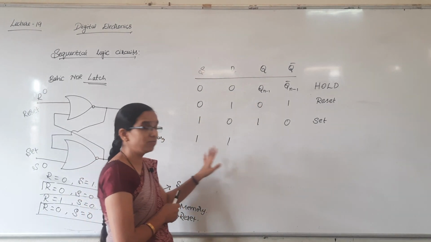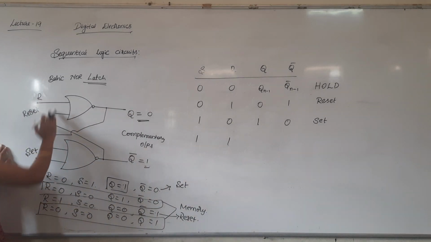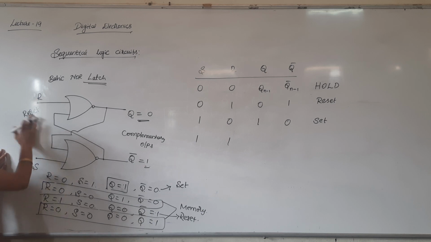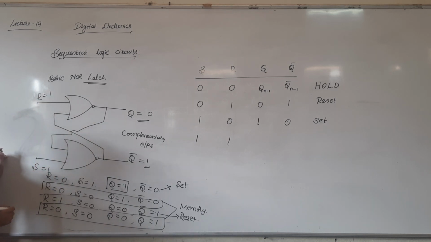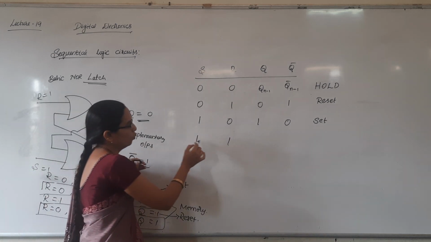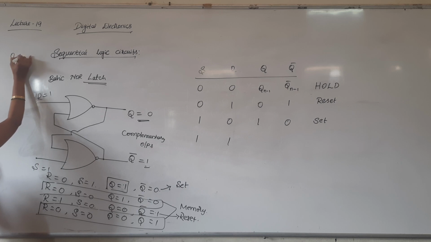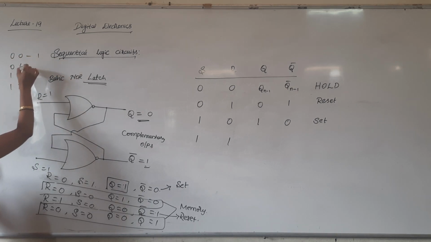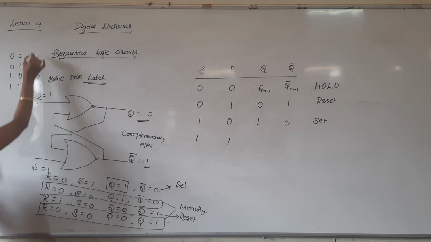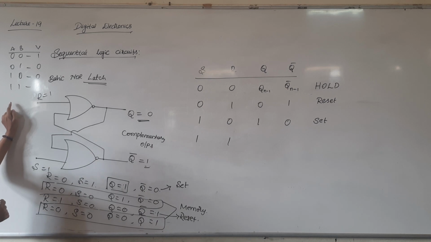We didn't check this, we will check when S is equal to 1, R is equal to 1. What happens if both are 1 and 1? According to the truth table, 0 0 0 1 1 0 1 1, the output is 1 0 0 0. This is the NOR gate truth table.